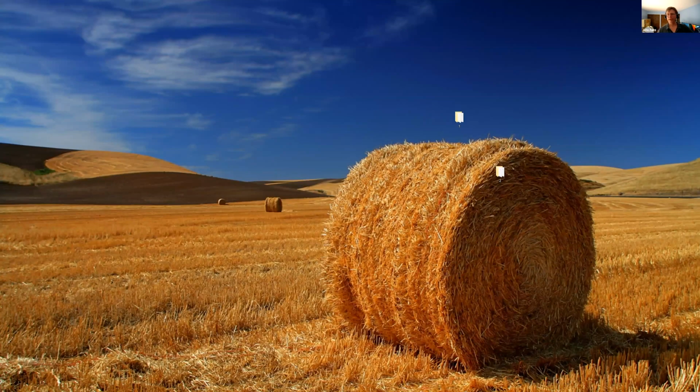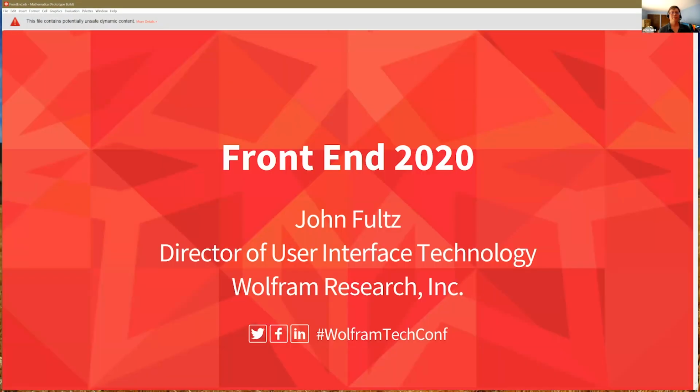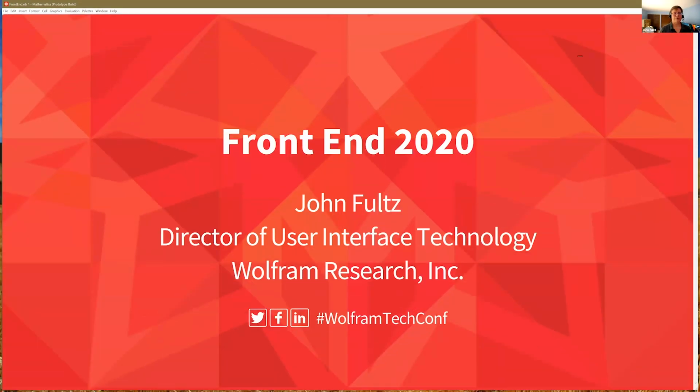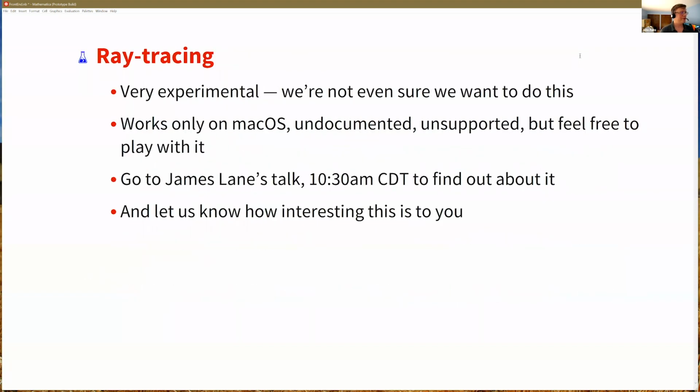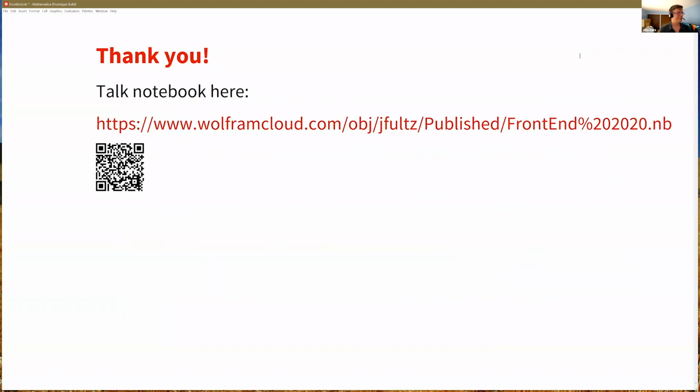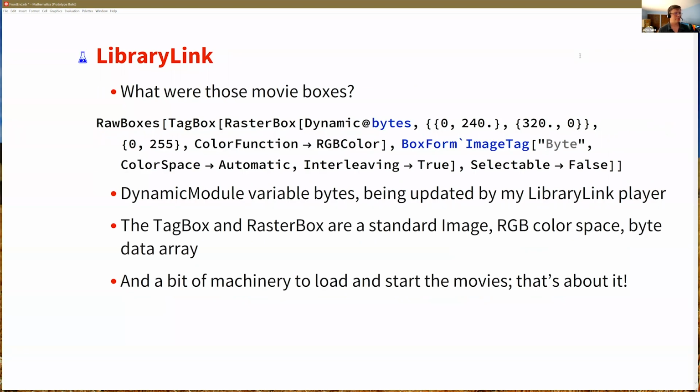Okay, so let me finish off here. And down it goes. We were just at my last slide, or penultimate slide anyway. So let me bring that back up. I guess I pushed it harder here than I did when I rehearsed this. So yeah, what were those movie boxes? They were just Dynamic wrapped around bytes, which was just data that I was sending back.